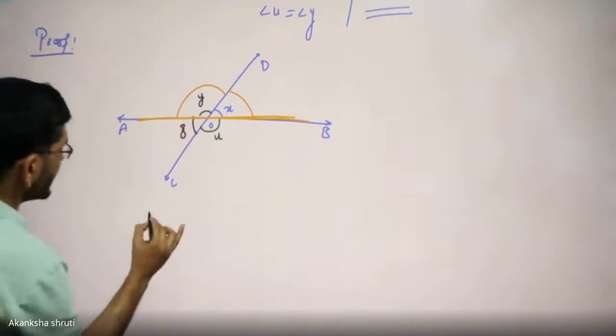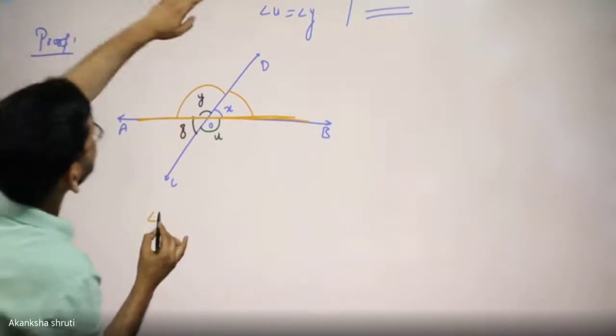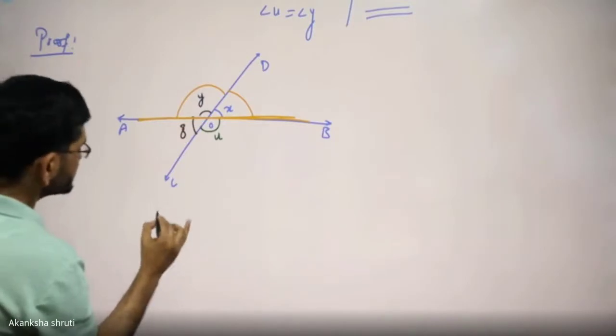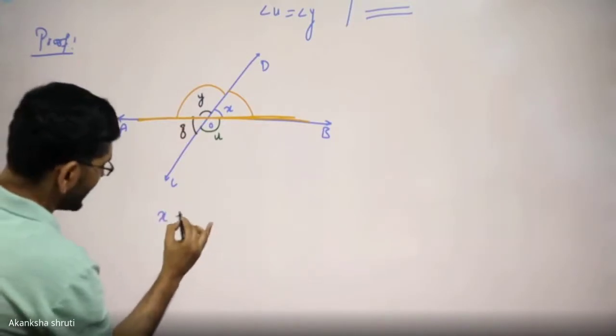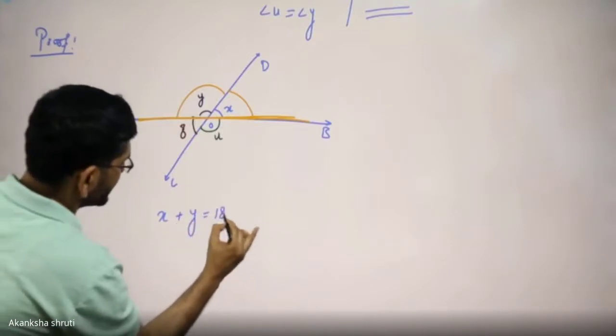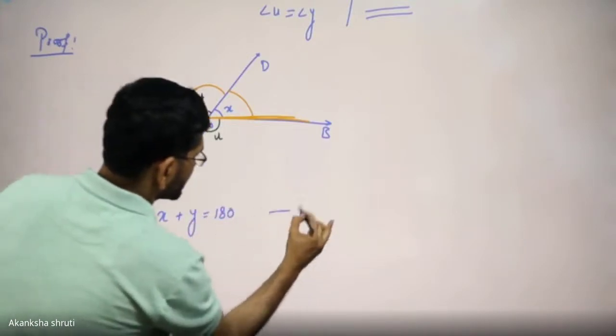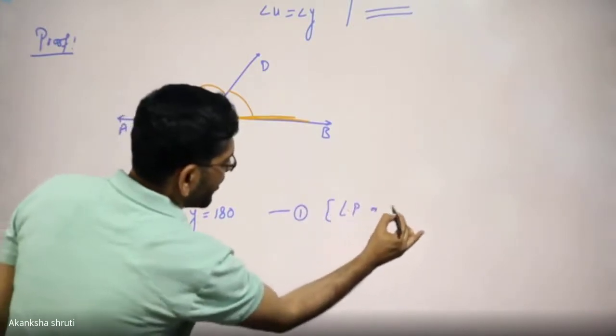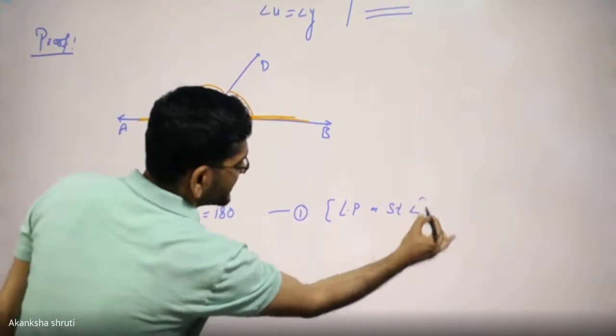So X plus Y is 180. The reason is they are forming the linear pair or a straight angle.